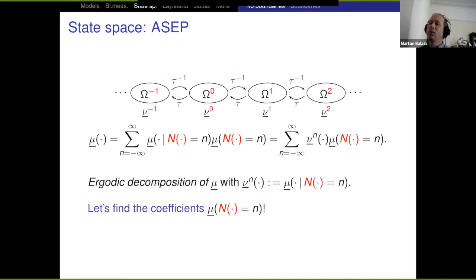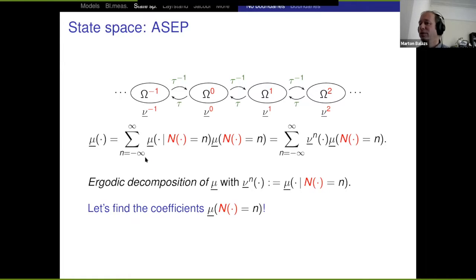So you have this quite nice picture that you have these irreducible components here, and the left shift is bringing you to the left of this picture, and the inverse of it, the right shift, is bringing you higher in the conserved quantity.